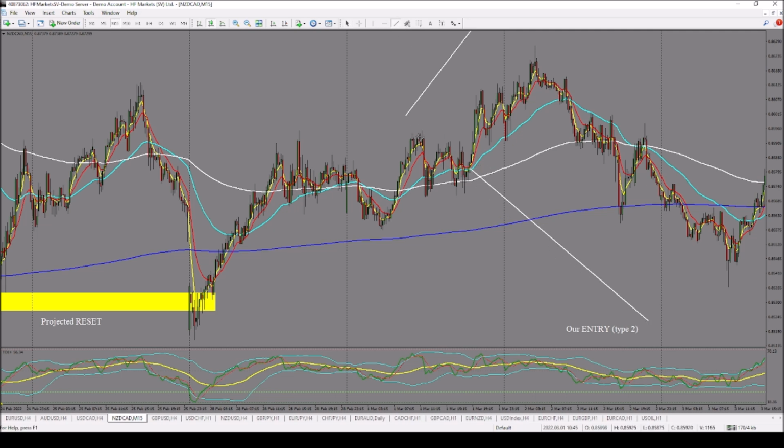In this case, it was this beautiful pattern which had the first move down. It was a W pattern in line with our bias. First leg, then our second leg, and then our third leg, like that. And we took a buy.